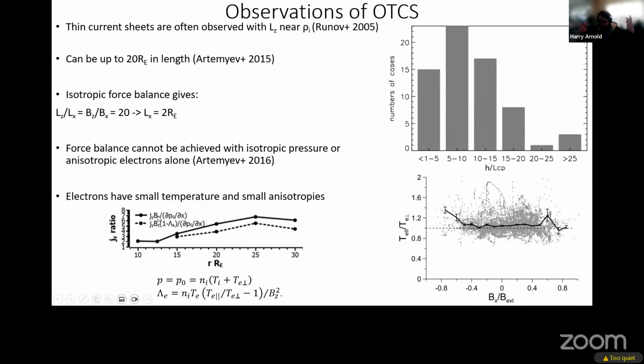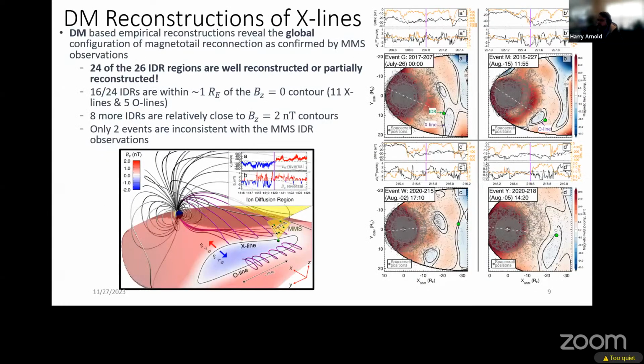So if your J cross B force and your div P force are the same number, right? You get 1, and then you've got balance in your equation. And so by including the electron anisotropy, you get closer to 1, but you're still far off from 1. So electron anisotropy alone is not going to be enough. And even the electron anisotropy barely shifts it in the appropriate direction. So it's not the dominant player. You really need something else.